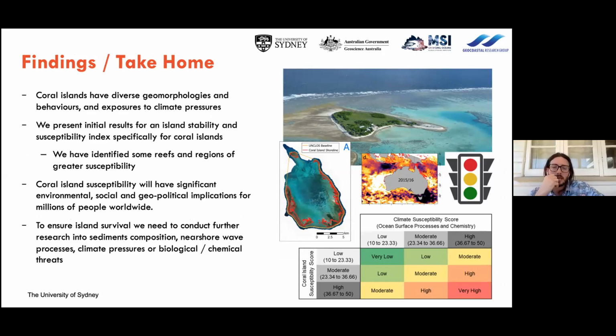I said earlier at the beginning, some of these species that provide sediment to islands are sort of sensitive. And we need to figure out some more nearshore wave modeling and things like that, and physical measurements on reefs themselves, and also to identify further sort of biological chemical threats to islands. So I'm going to stop there, and I'm happy to take any questions.